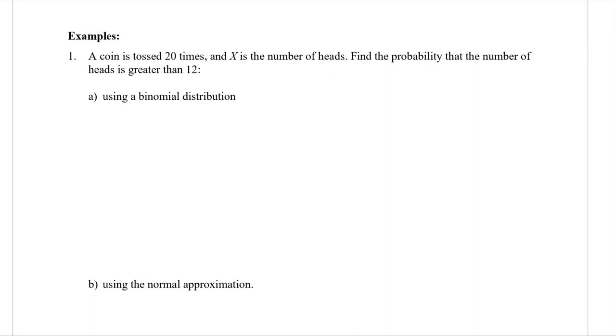Okay, so binomial distribution, if we have 20 tosses of the coin, that's our N. The probability of getting a head is going to be a half, which means that Q is also going to be a half. The probability of getting greater than 12 heads, does that include 12?